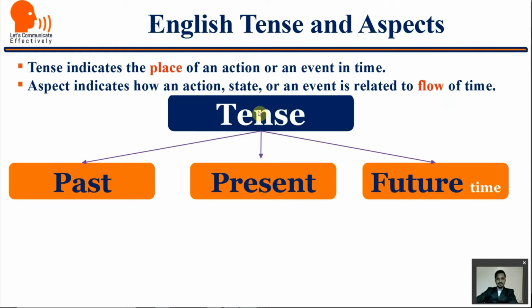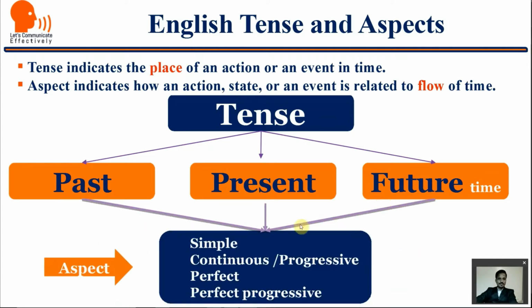So I hope you must know this tense. There are three types, actually two types: past, present, because future is not considered as a tense, so we refer to it as future time. So these are three tenses: past, present, future, and these are the aspects: simple, continuous or progressive, perfect, perfect progressive.